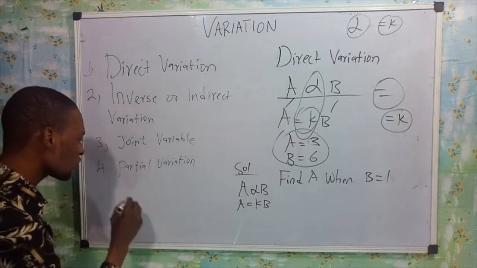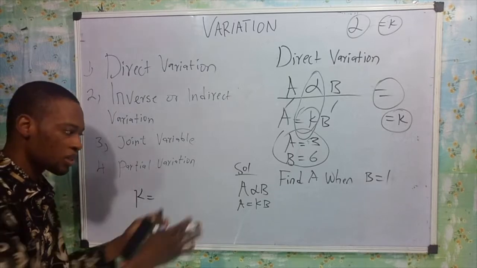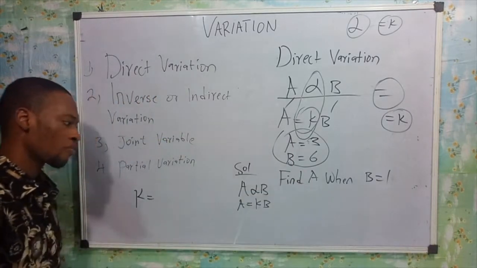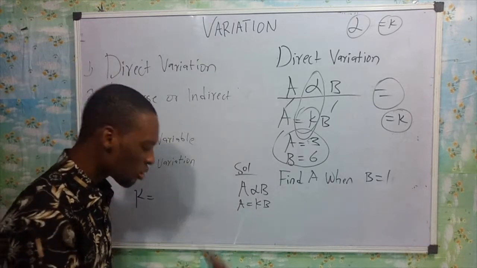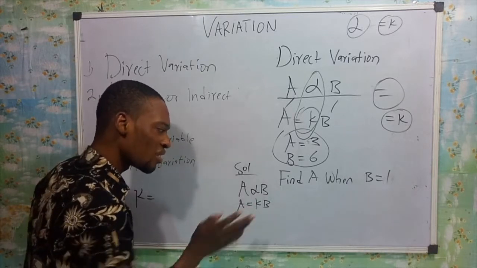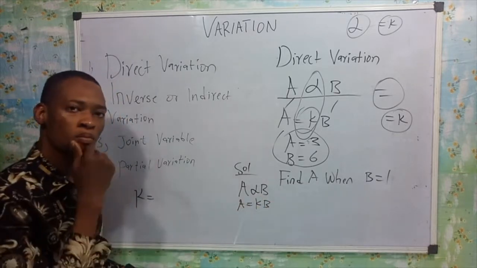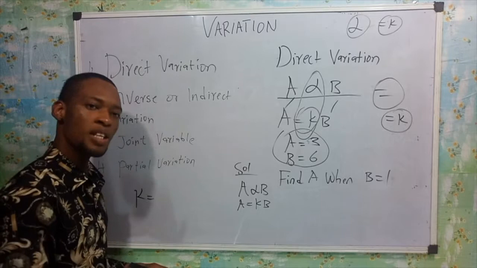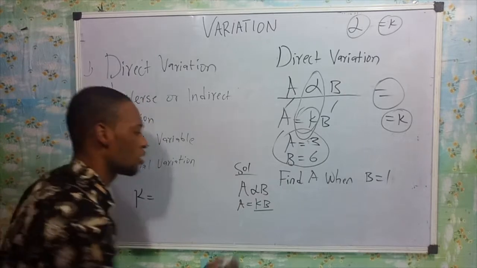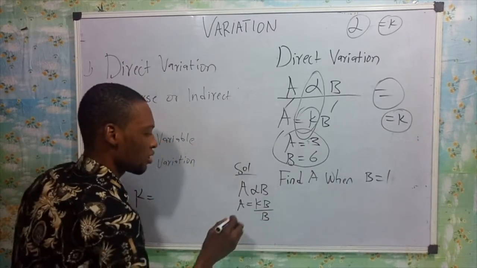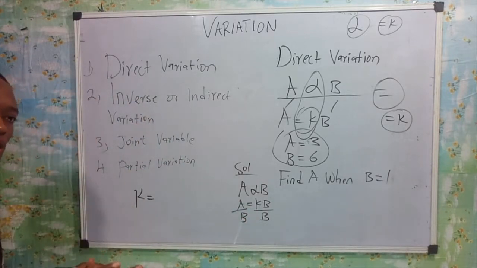So I do everything possible to remove B from it. And how do I do that? Let's divide by B on both sides, because in maths, what happens to the right must happen to the left so that they will be balanced.